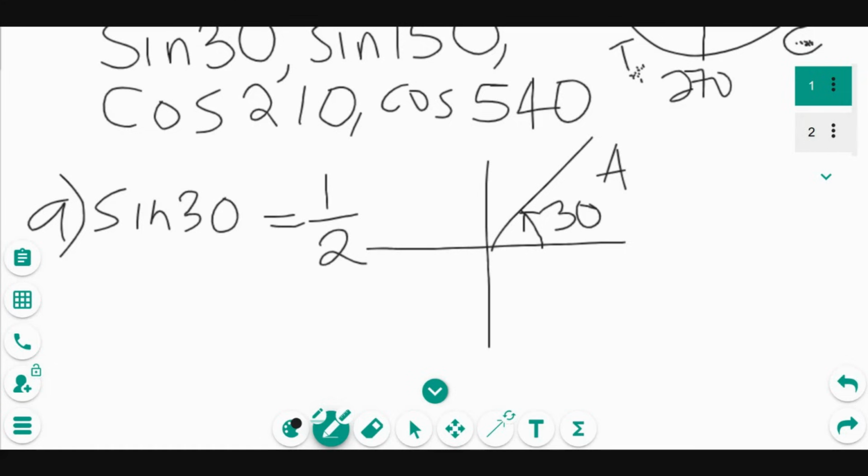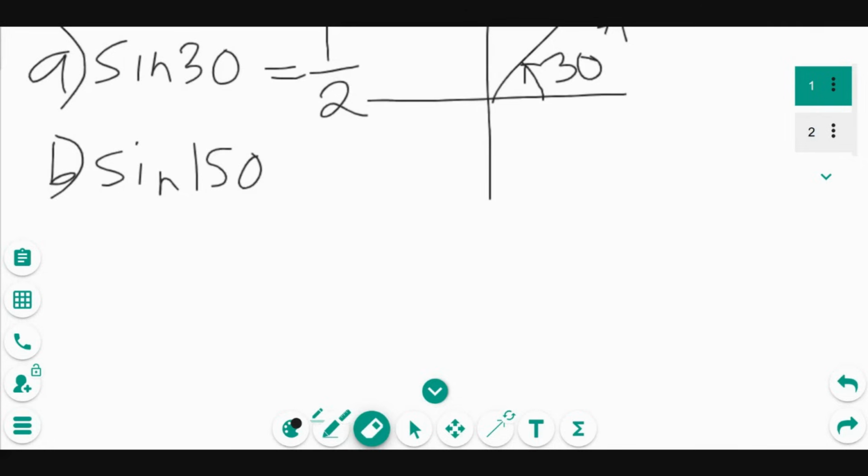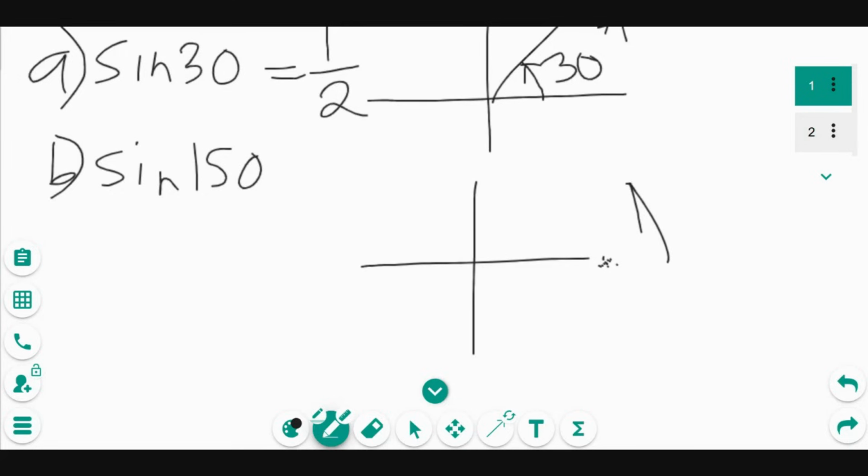The next is the sine of 150. I measure the angle always from this axis, the positive x-axis, and if it's a positive angle, I measure it anti-clockwise. Anti-clockwise, I am going this direction.